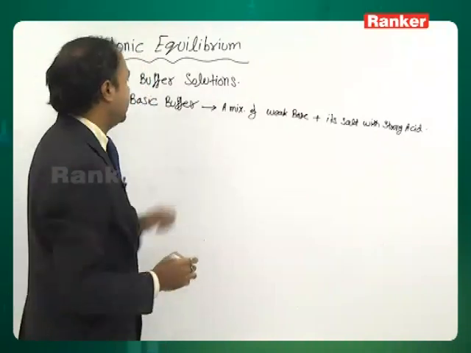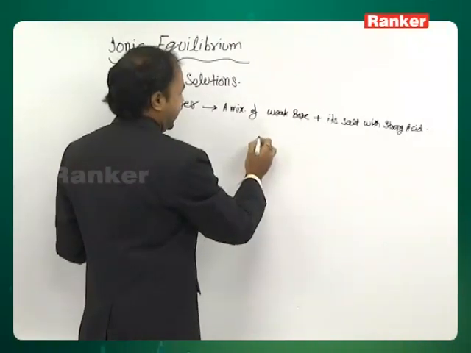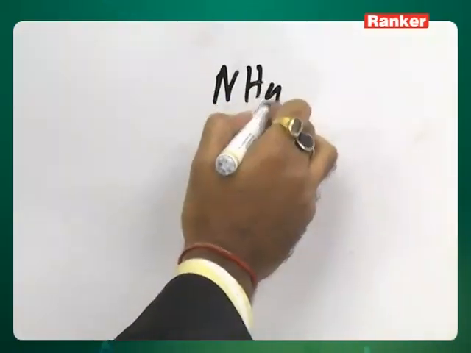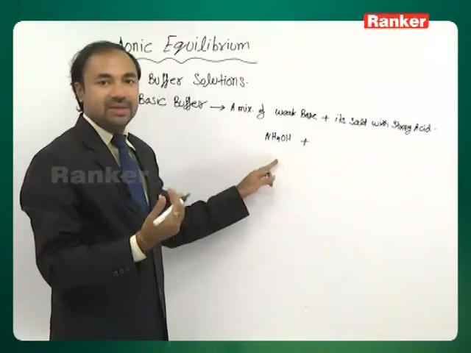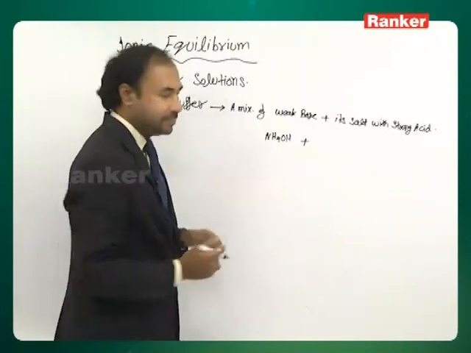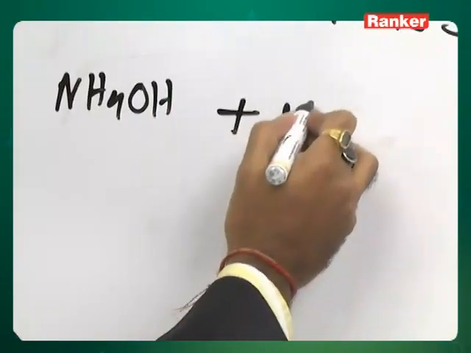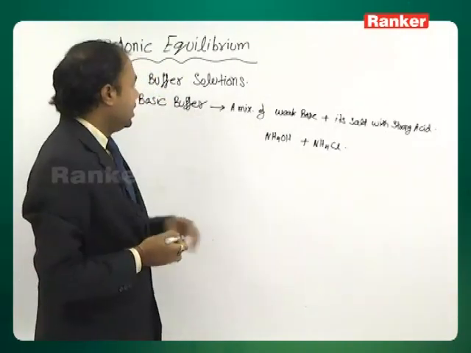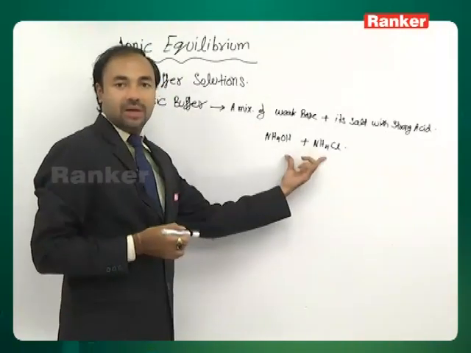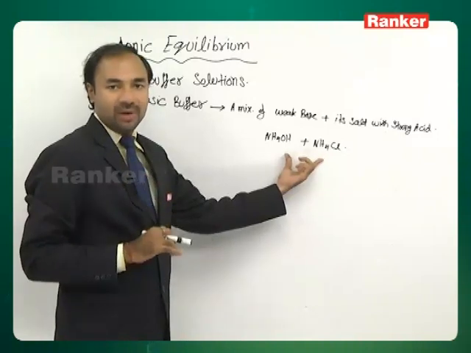Example: if we take a weak base, ammonium hydroxide, and its salt with strong acid HCl will be ammonium chloride, NH4Cl. A solution of this mixture is going to behave as a basic buffer.